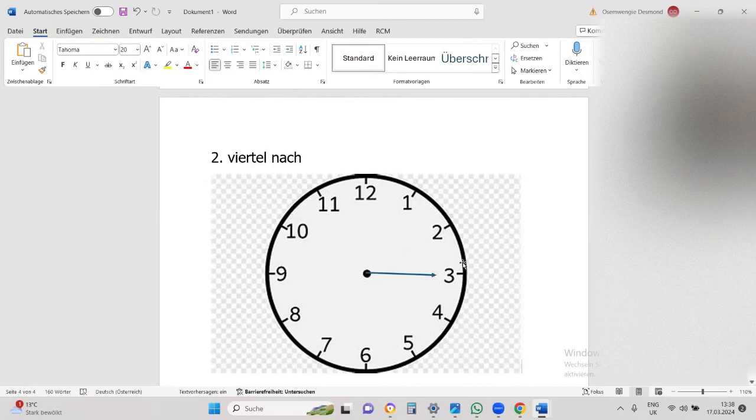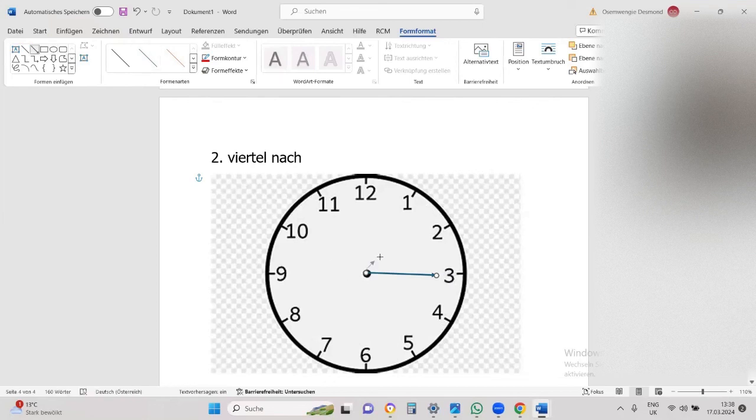Anytime the big hand is on drei, the minute hand is on drei, we call it Viertel. So wenn der Minutenzeiger auf 3 steht, dann sagt man Viertel. Now let's take the small hand.